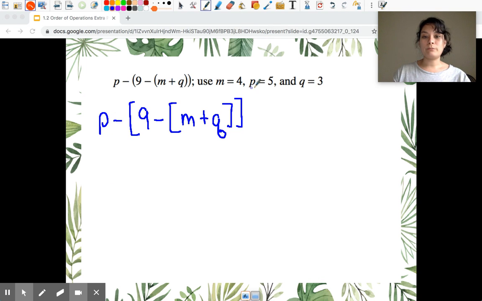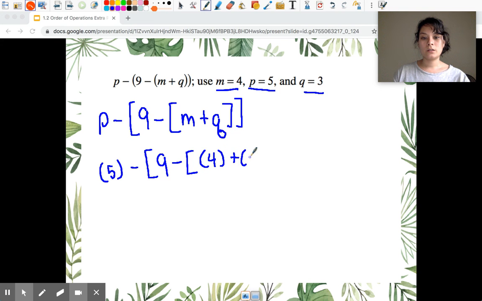So instead of P, I'm going to use 5. I'm going to copy that bracket, 9 minus bracket, and instead of M plus Q, I'm going to do 4 plus 3. So 4 plus 3, close bracket, close bracket.